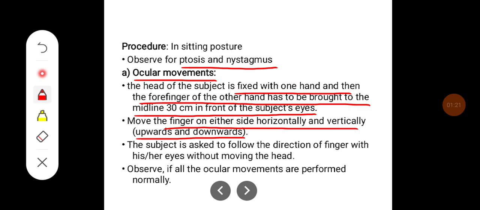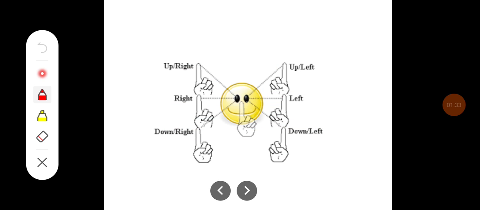The subject is asked to follow the direction of the finger with his or her eyes without moving the head, and observe if the ocular movements are performed normally. So this is how one has to examine from the center. The finger has to be brought in a horizontal direction.